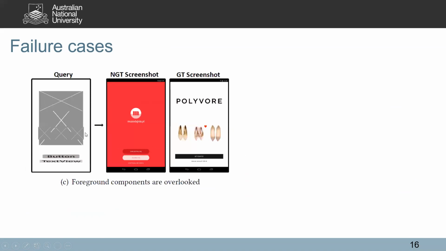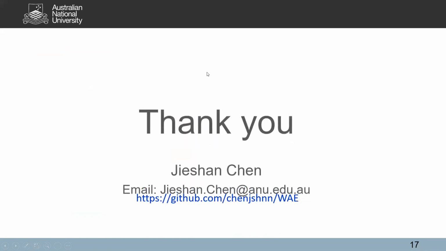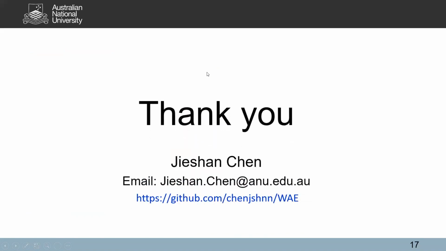The last type is that the query UI contains some foreground UI components overlapping a large background component, but the returned UI contains only the background component without the foreground components, especially when the foreground and the background components are of the same type. So our model could be improved in terms of these three types of errors. Please see more details in our full paper.